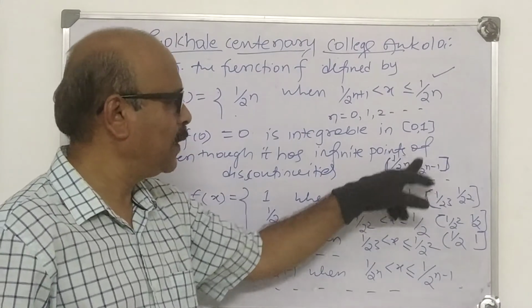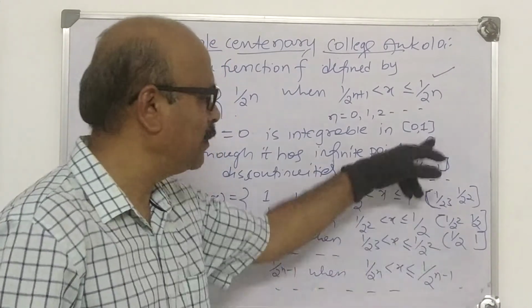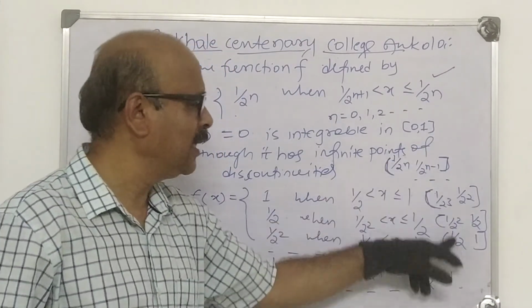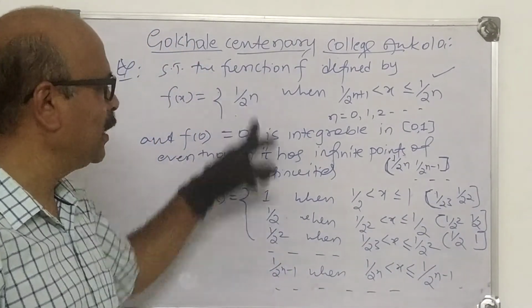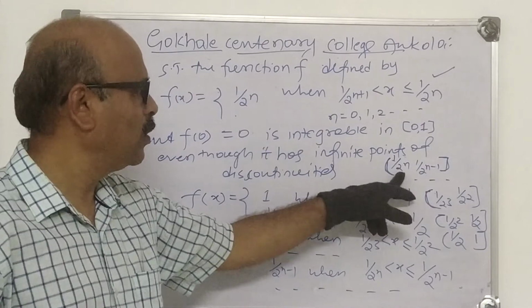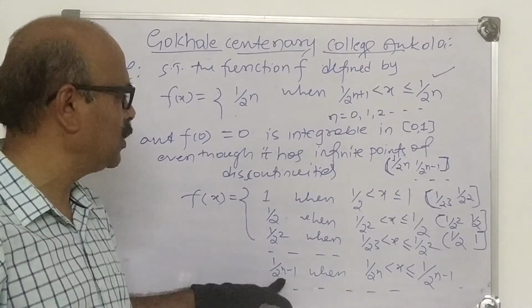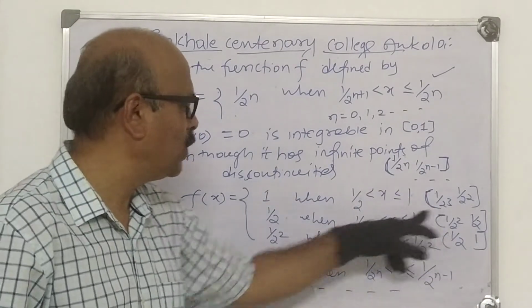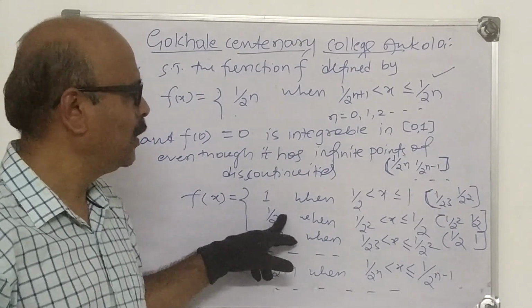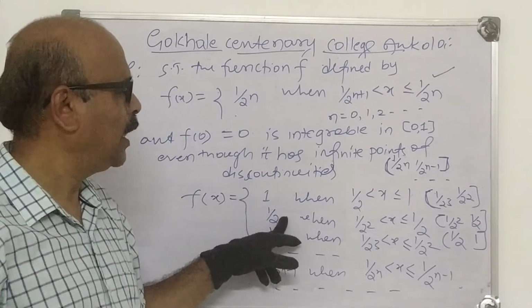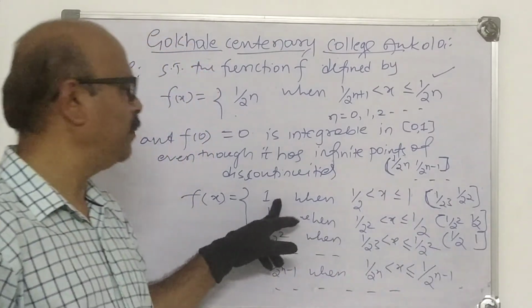Now, when x values are in increasing order, f(x) is also increasing in value. Consider this interval, 1/2 cube to 1/2 square: the value is 1/2 square. In 1/2 square to 1/2, it is half. In 1/2 to 1, it is 1.